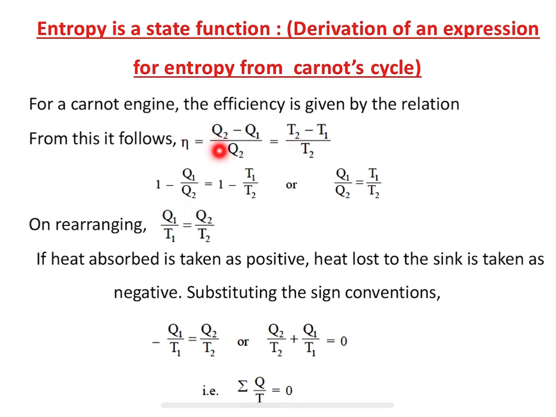By rearranging this equation, I can also write it as 1 minus q1 divided by q2 is equal to 1 minus T1 divided by T2.